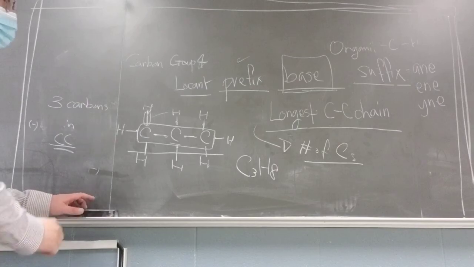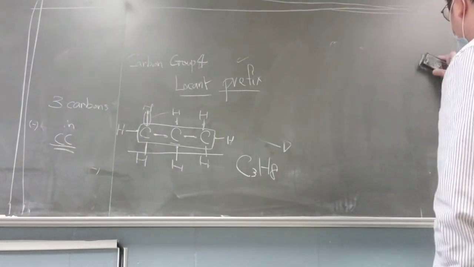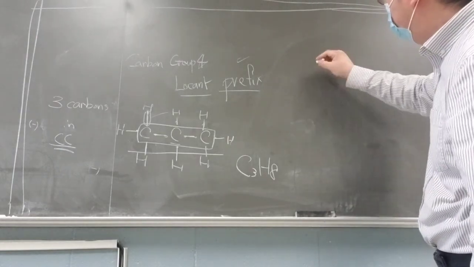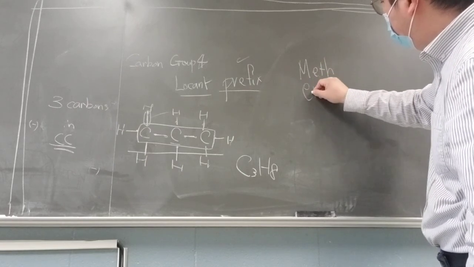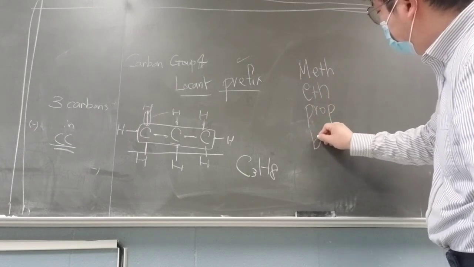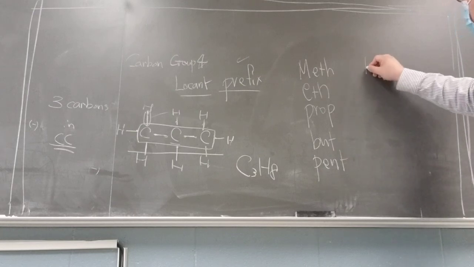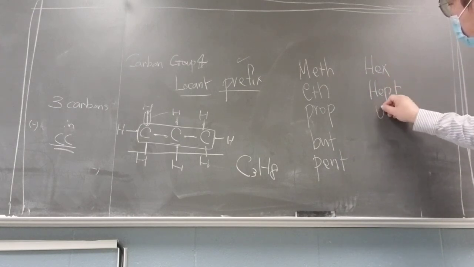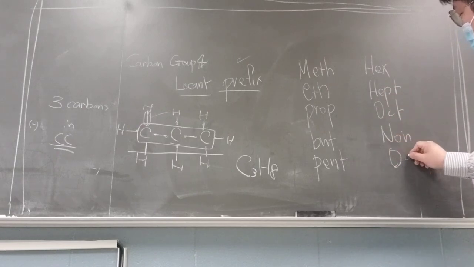Then you just need to know this one. You'll find the table in the textbook. It says meth, eth, prop, but, pent, hex, hept, oct, non, and dec.